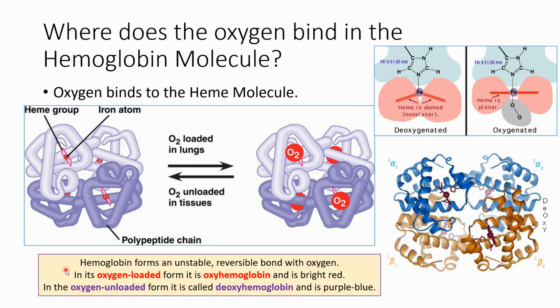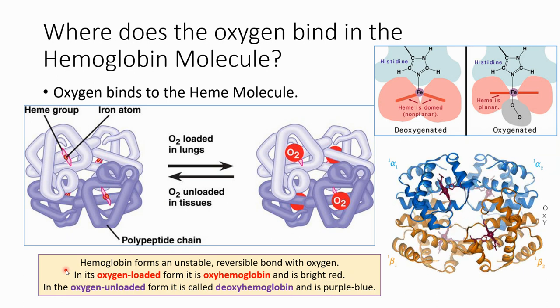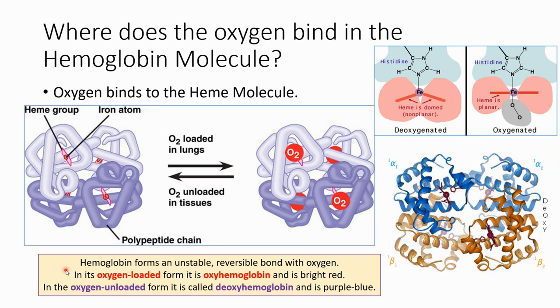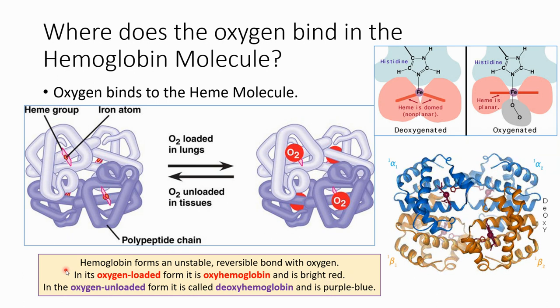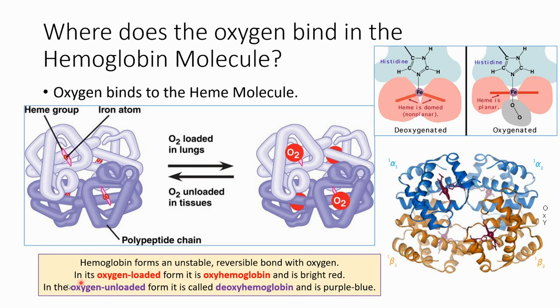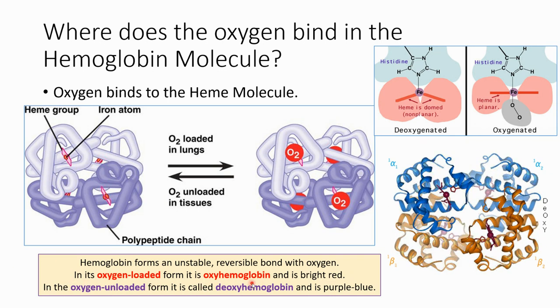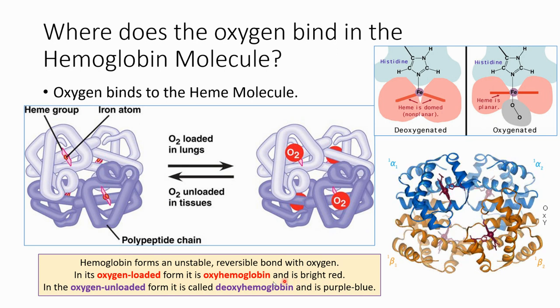We like that because that way oxygen can bind as it's traveling through the bloodstream, but then it can easily be offloaded to the tissues. So we like that oxygen is not a stable bond, so that way it's easy to come and go. In its oxygen-loaded form, it is called oxyhemoglobin, and the blood is going to be a bright red color because of that.